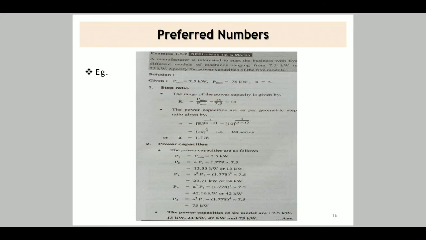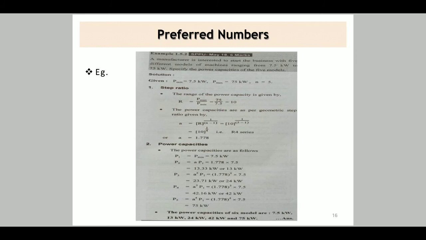So now we have to find out the power capacities of the 5 models. It can be found out by using the value of A. So P1, as we know, the minimum power capacity is 7.5 kilowatt. So P1 equal to 7.5 kilowatt. P2 will be found out as A into P1.